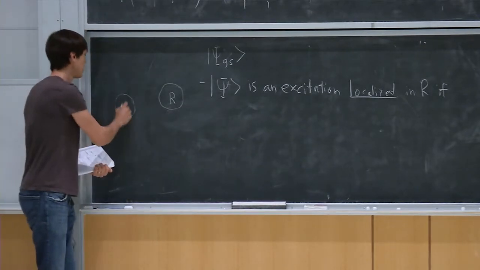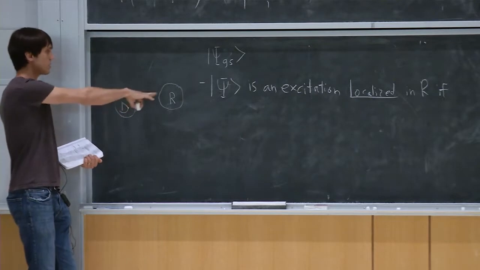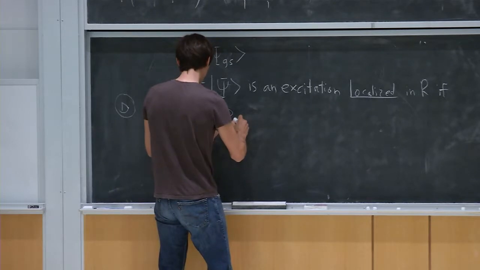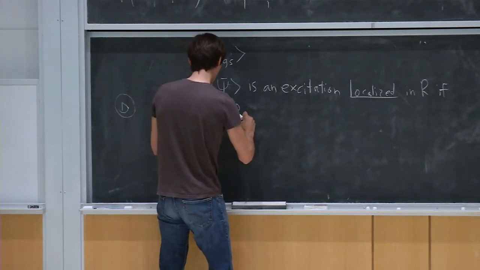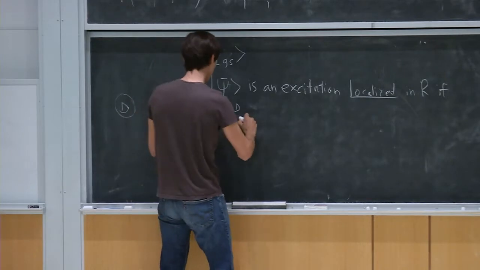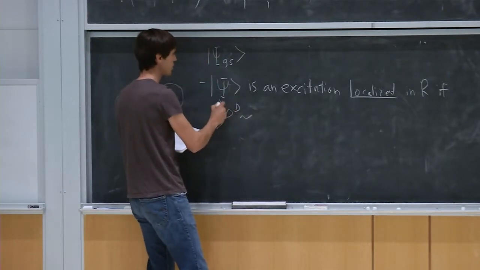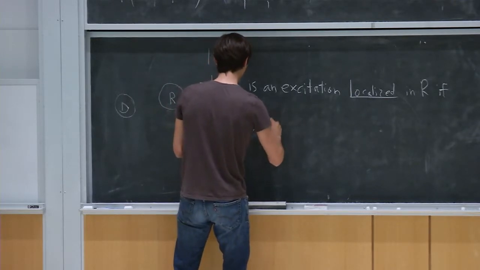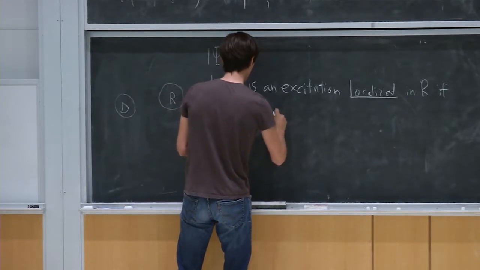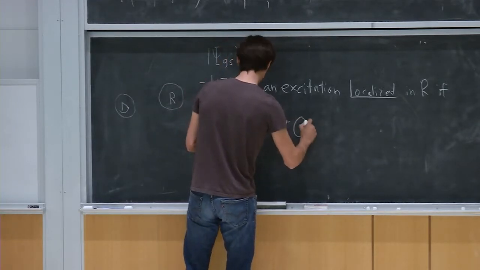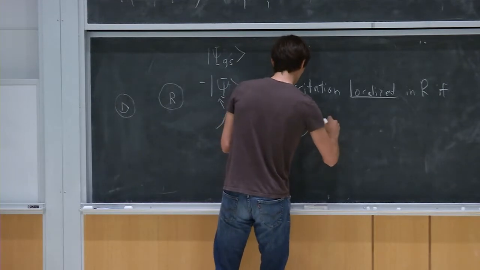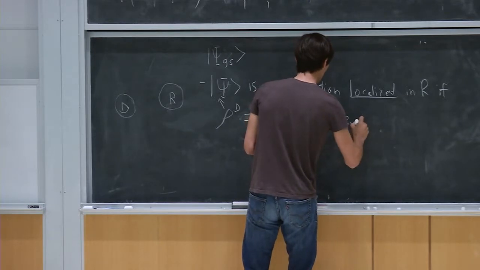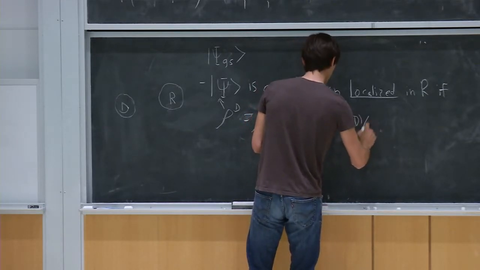disk-like regions. In other words, whenever I have a disk-like region B that's somewhere away from R, the reduced density matrix on this disk-like region coming from psi, so rho is the reduced density matrix coming from psi, is equal to the ground state reduced density matrix in region B, up to corrections which go like e to the minus the distance between the region R and the region B where you measure correlations.